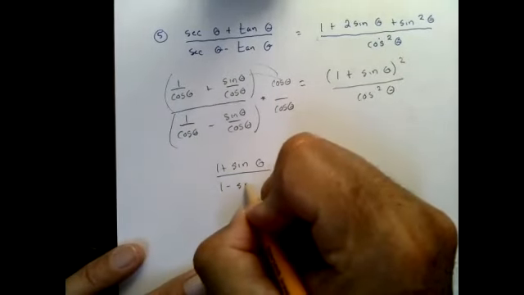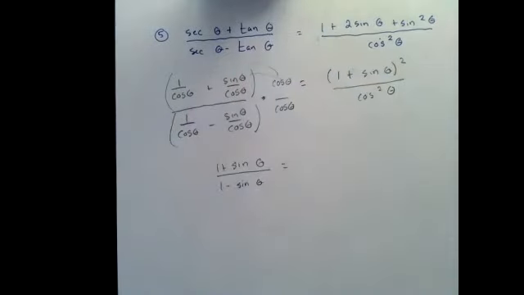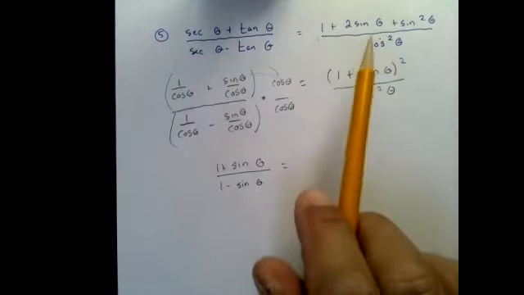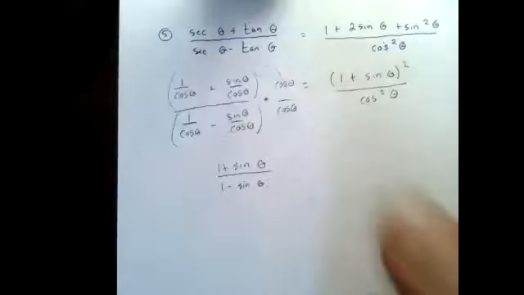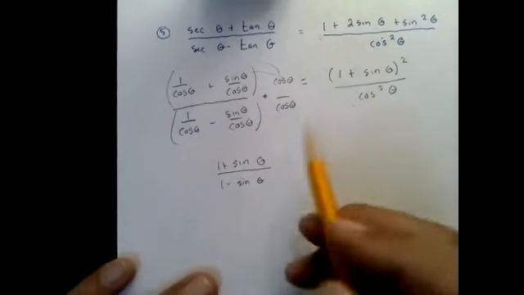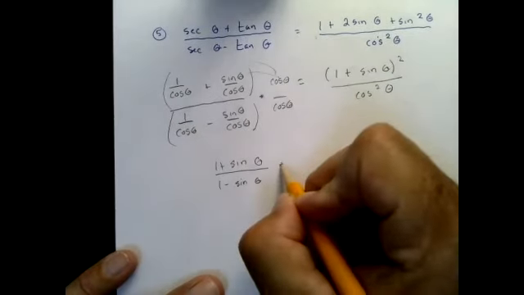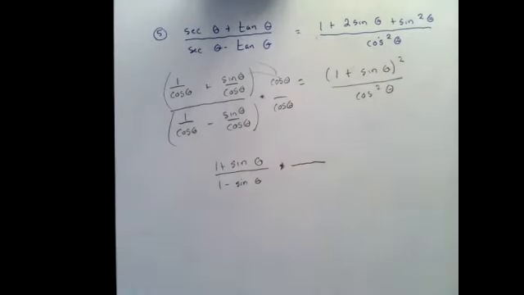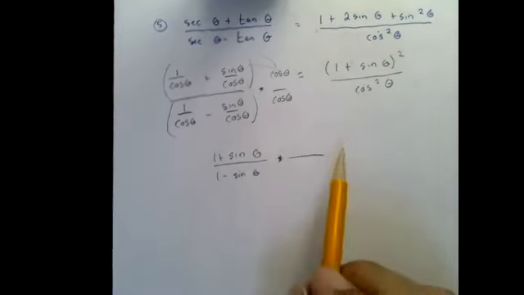Ooh, I'm starting to get bouncy legs because I'm peeking at where I need to get up to there, and I'm going, ooh, help me. What should I do now? Multiply by the reciprocal? No, I can't do that. I can only multiply by something over something. 1 minus sine of theta.